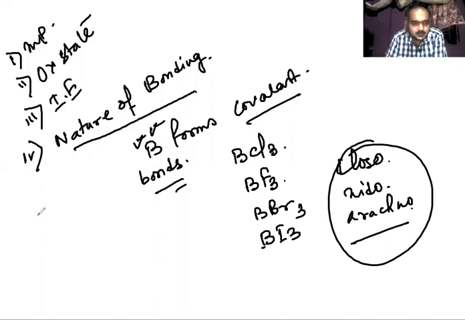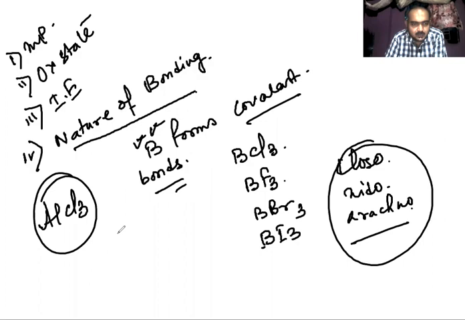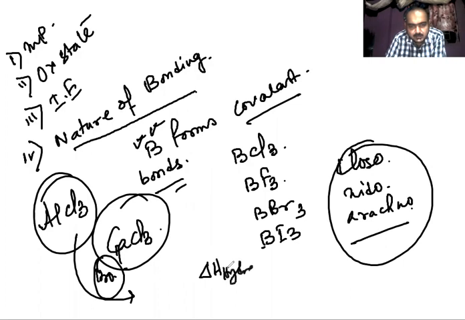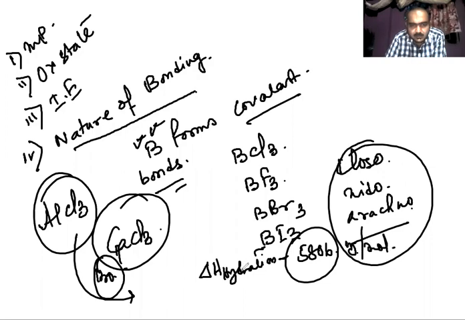Okay, but you can also see AlCl3 in the solid phase is covalent in nature. GaCl3 is also covalent in nature. But aluminum chloride, whenever it is dissolved in water, the hydration enthalpy, delta H hydration, is approximately minus 5806 kilojoule per mole, literature value, and the ionization energy is 5104 kilojoule per mole.